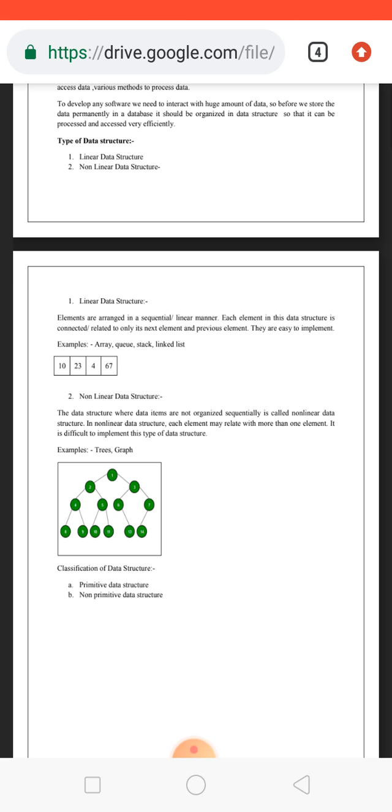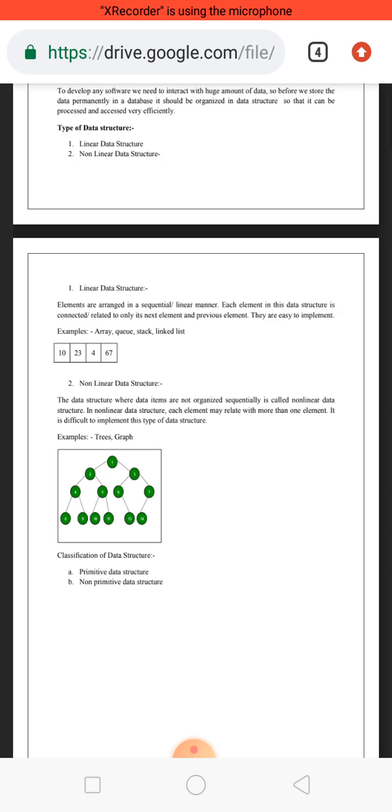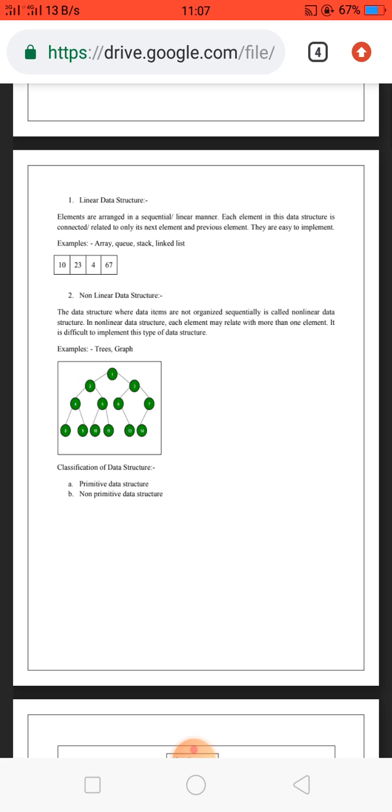There are two types of non-linear data structure: trees and graphs. Just take a look at one example of what a graph and what a tree is.